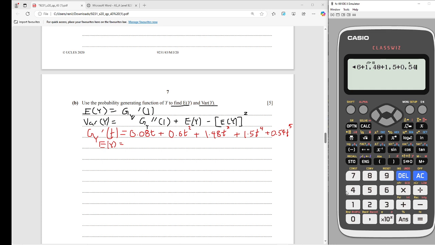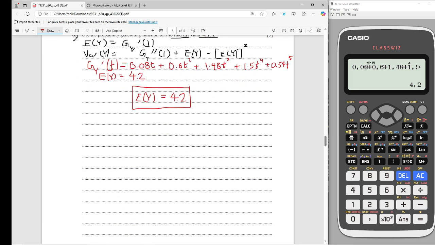Essentially what we're doing is plugging in the values of t with 1. Okay, and when you do that, you get this result here, which is 4.2. This is our E value, and given that they have asked us to find E(Y), it is nice that we first box our answer for E(Y), just to make it clear that we found E(Y) equals 4.2. But this isn't too essential, because without E(Y) you can't find a correct value for variance.